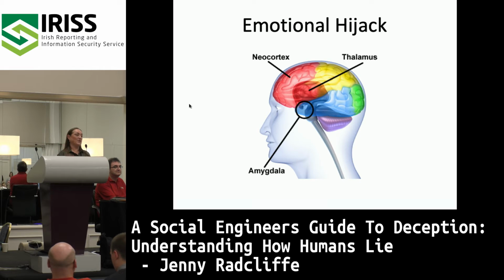It goes pretty much straight to the amygdala, which controls emotion. The amygdala works very, very quickly and overrides everything else, and so we act in that emotional fog. That's where social engineering comes in, because if you can raise that in a person, their decision-making capacity just plummets, okay?